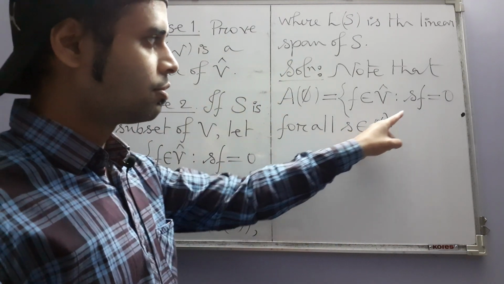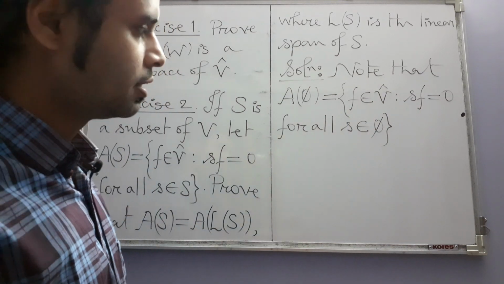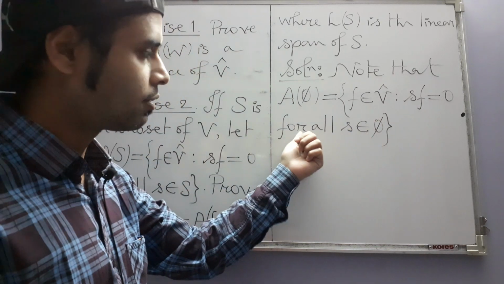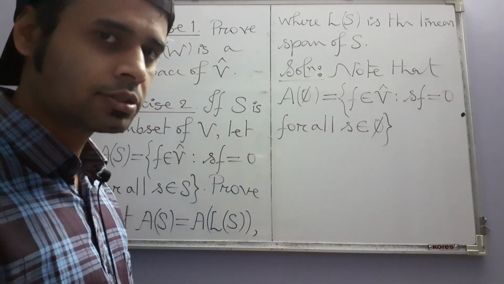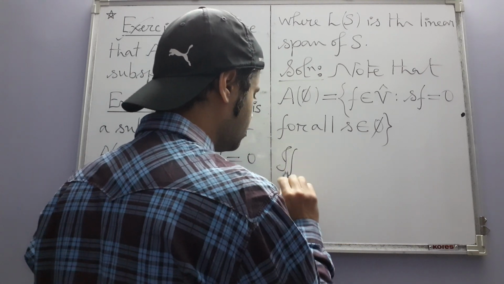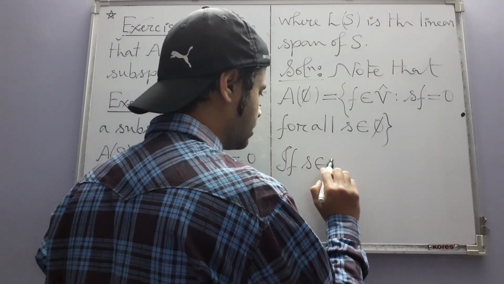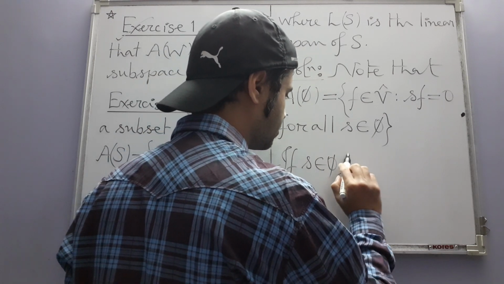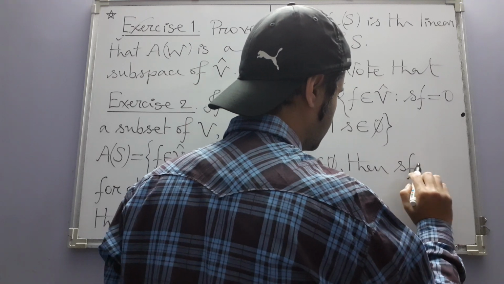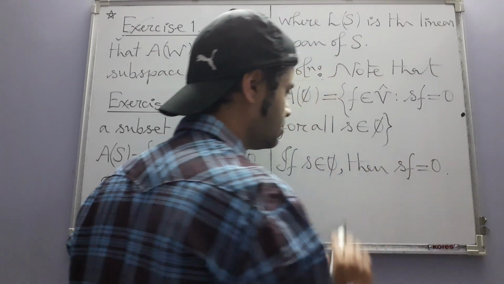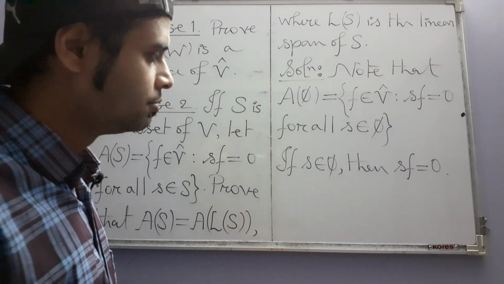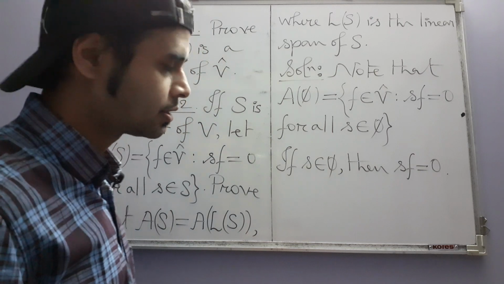Now let's look at this condition more closely. This statement that f(s) equals 0 for all s belonging to the empty set can also be written slightly differently like this. If s is an element in the empty set, then the f image of s is 0, and this statement is vacuously true because it's after all an implication.